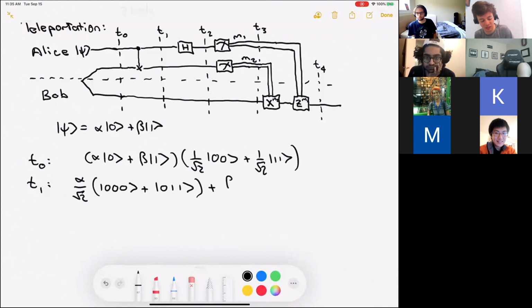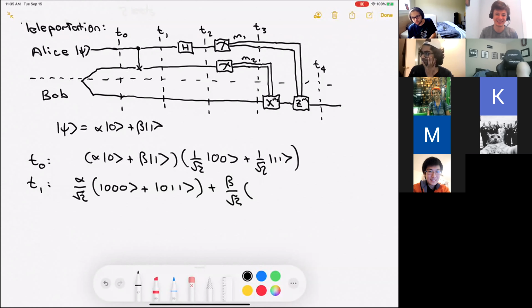Then we have the beta terms. So we have beta over square root 2 times 100. What's going to happen to 100? Come on, someone. Will become 110. Yep, awesome.